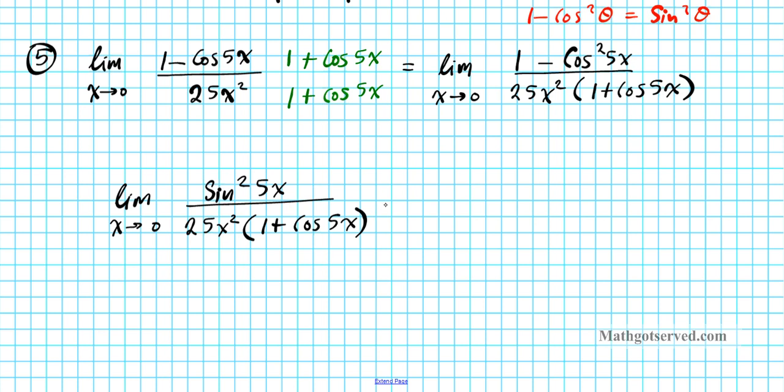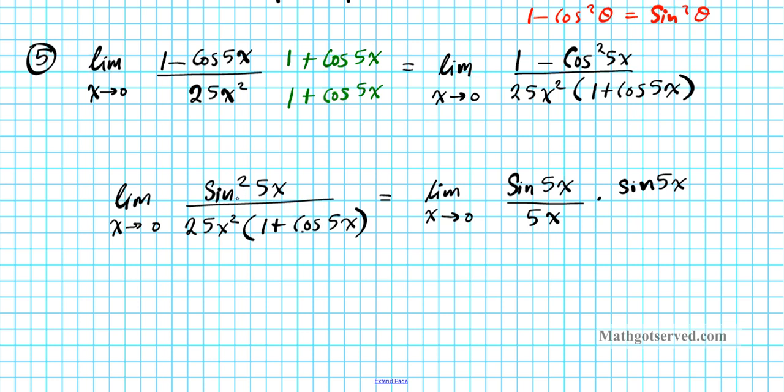So now let's break this down so we can make use of the squeeze theorem. Okay, so we have the limit as x approaches 0 of sine 5x over, you know what? See the 25x squared, we could break it down, right? It's 5x times 5x. So 5x times sine 5x.